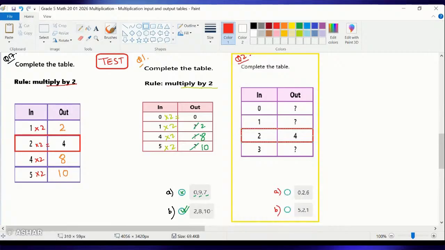The number 2 in the input changes to 4. How can we change 2 into 4? We multiply 2 by a number, and that number should be 2. That means if one of the numbers is being multiplied by 2, then everything is multiplied by 2, right? That means 0 multiplied by 2 is 0.